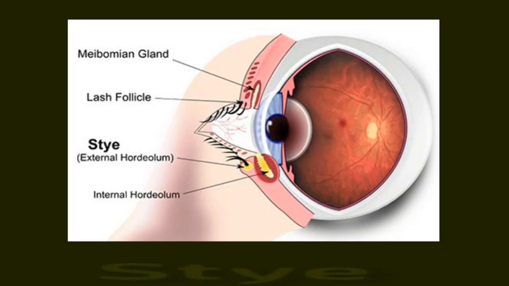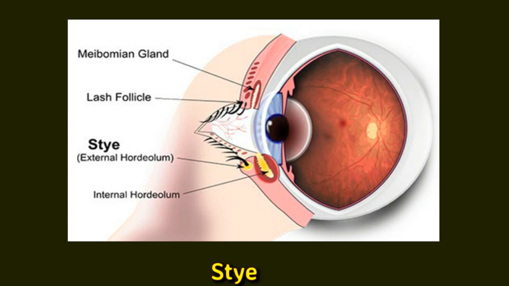Stye. A stye is an infection in the eyelid, usually in an eyelash follicle or one of the oil glands of the eyelid. Bacteria can cause a stye that may occur if a person touches their eye with unwashed hands or after touching their nose.